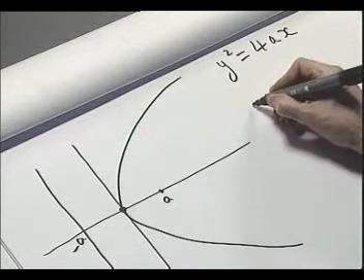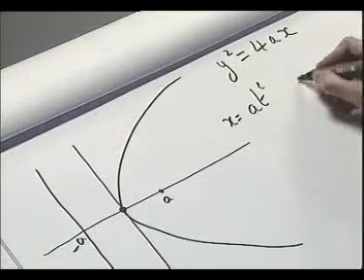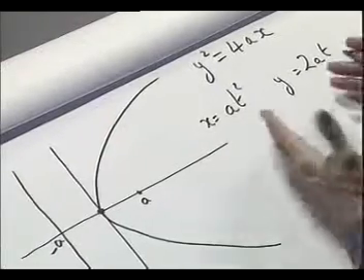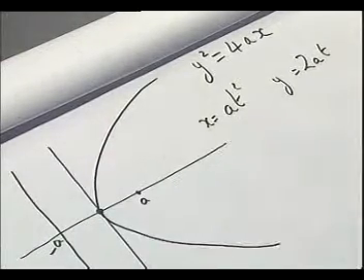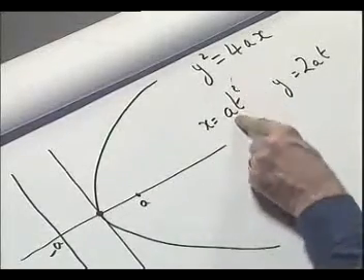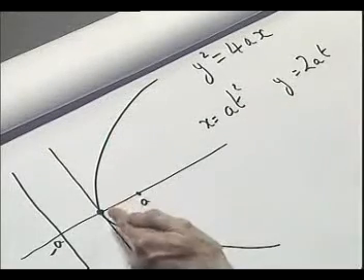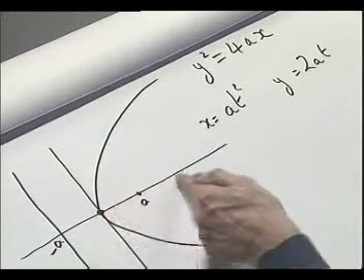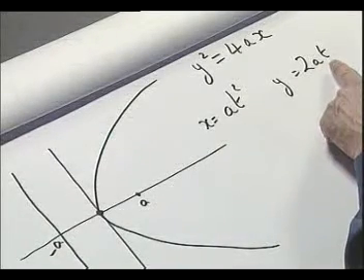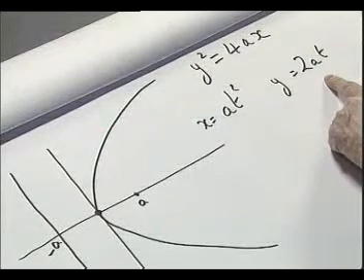What about the parametric equation? x equals at squared, y equals 2at. What does this do in terms of this picture? Well, x equals at squared. a is a positive number, t squared is positive. So again, we've only got values of x which are greater than or equal to 0. However, values of y can range from minus infinity to plus infinity.